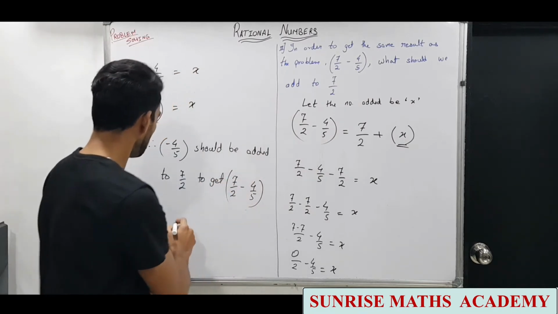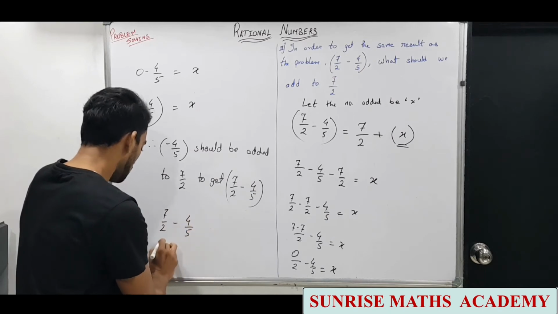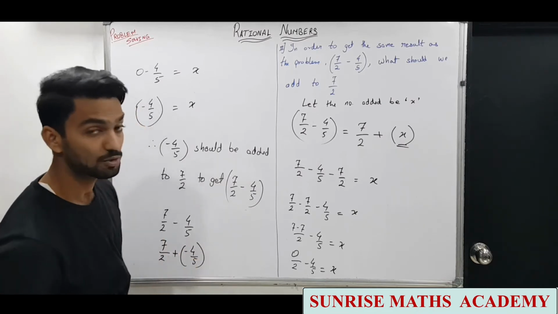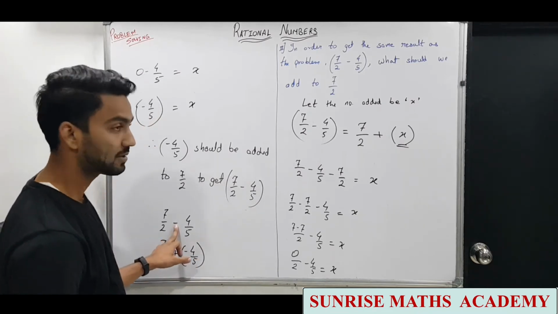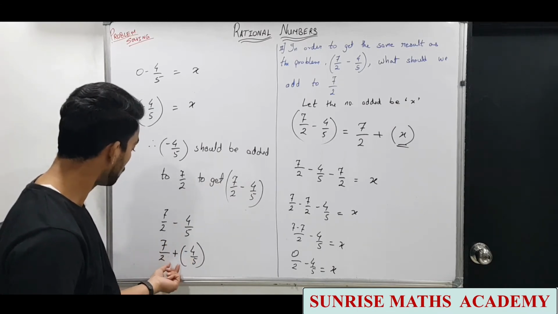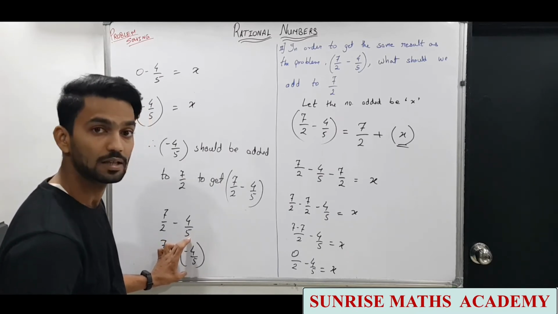So if we write here 7 upon 2 minus 4 upon 5 is same as 7 upon 2 plus minus 4 upon 5. We have split this minus sign. Minus sign is plus minus. So 7 upon 2 added with minus 4 upon 5. So we get this value.